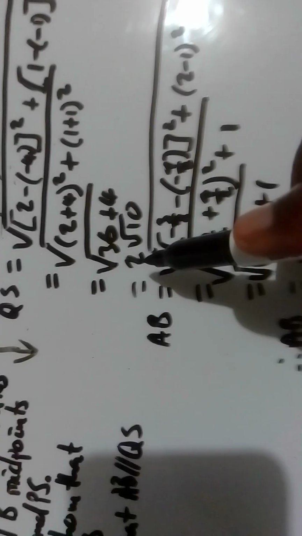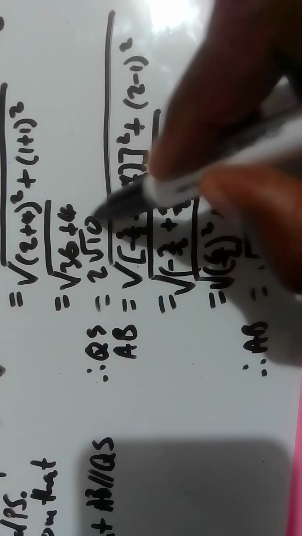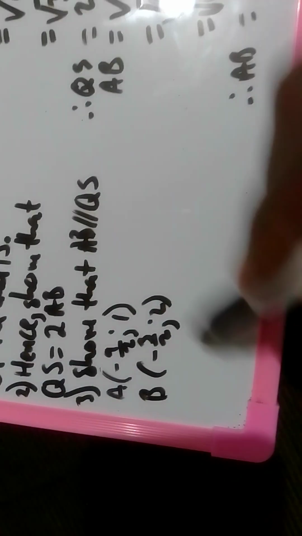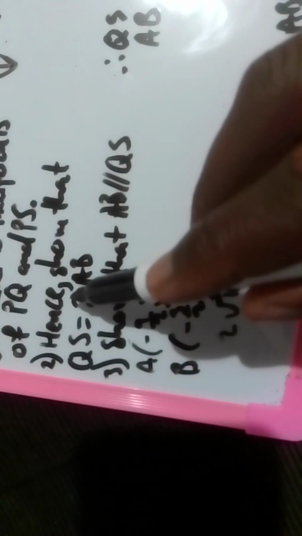But let's remember the answer that we got for QS here. Let's say therefore QS is equal to 2 square root of 10. Now remember, what were we given? We were given here that QS is 2 root of 10. So I say 2 root of 10 is equal to, there is a 2 here which I must multiply by.